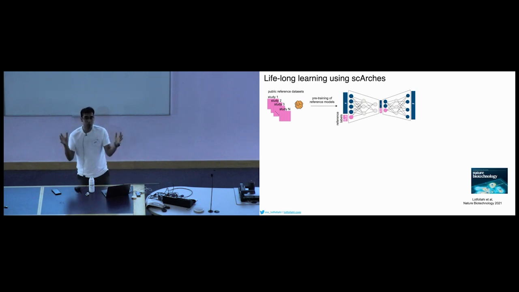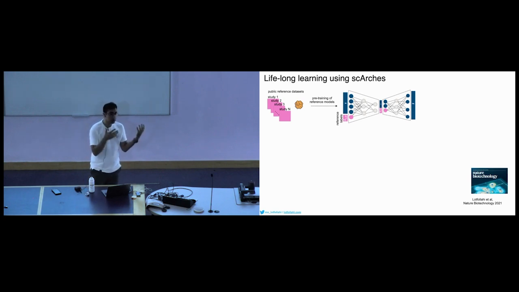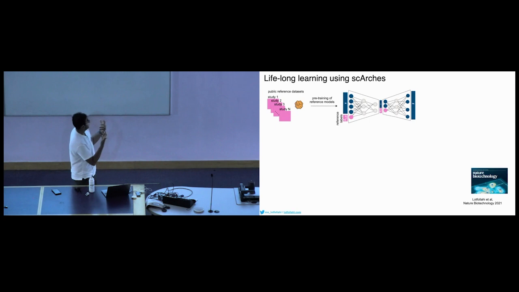So I'll separate it into two parts, reference building and reference mapping. We assume that we have a reference building algorithm. And in this case, the reference building algorithm is a conditional generative model, so conditional VAE, where you input the model. So the input of the model is a gene expression for that cell and also a condition, so a conditional variable, which is the source where this cell came from.